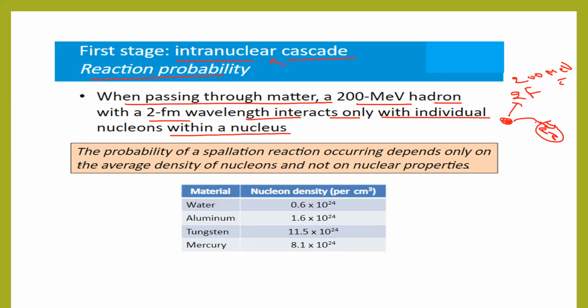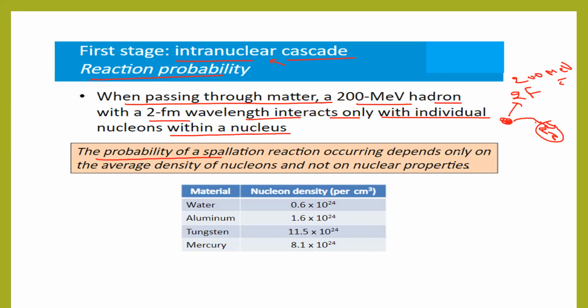So this is the nuclear spallation reaction. Nuclear spallation reaction is specific: a high energetic hadron attacks or interacts with the individual nucleons, whether a proton or a neutron individually. Then a huge amount of energy is released.